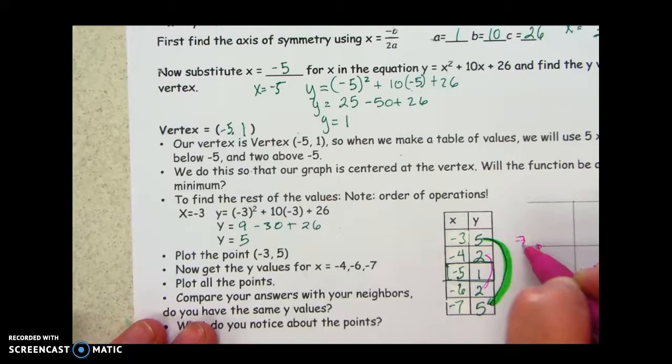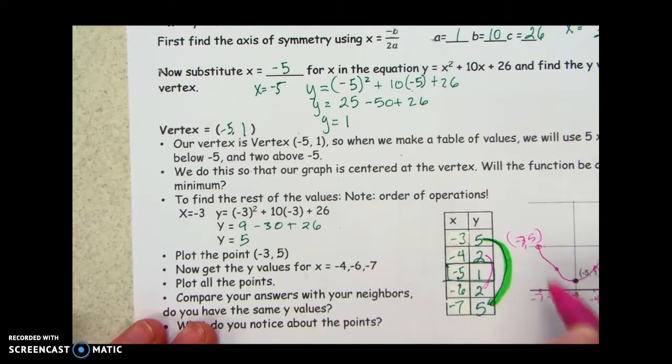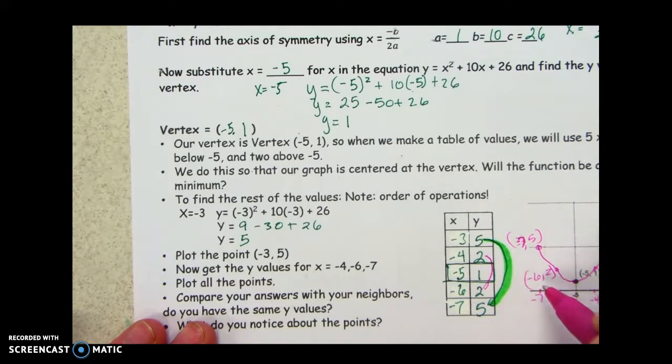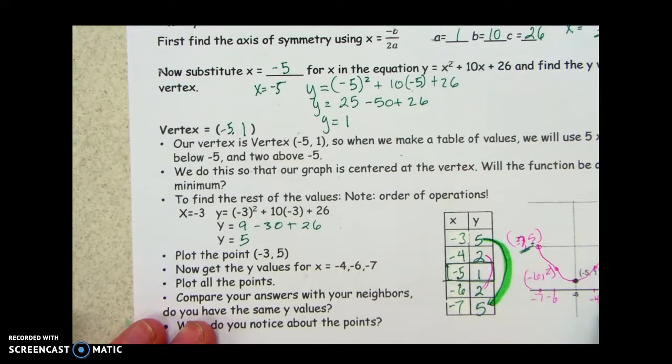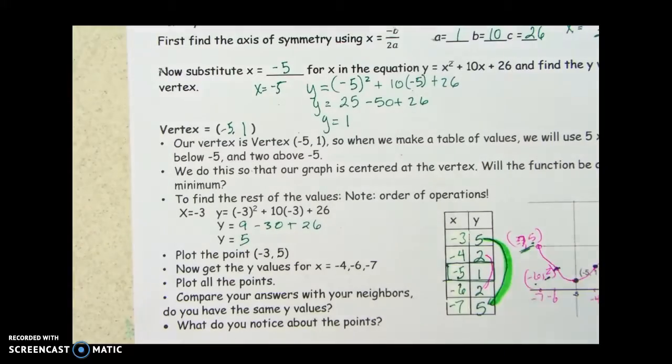Negative 7, 5. That is a 7. Sorry, that's kind of sloppy. And then negative 6, 2. So notice how same y values here, same y values. And that's how we create the symmetry for those.